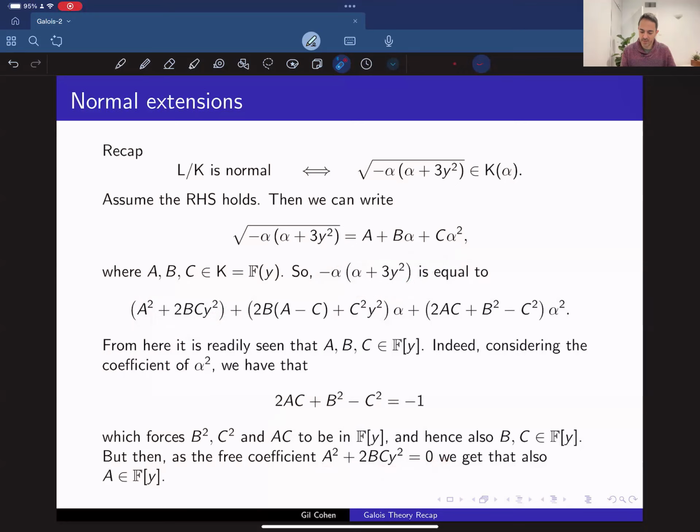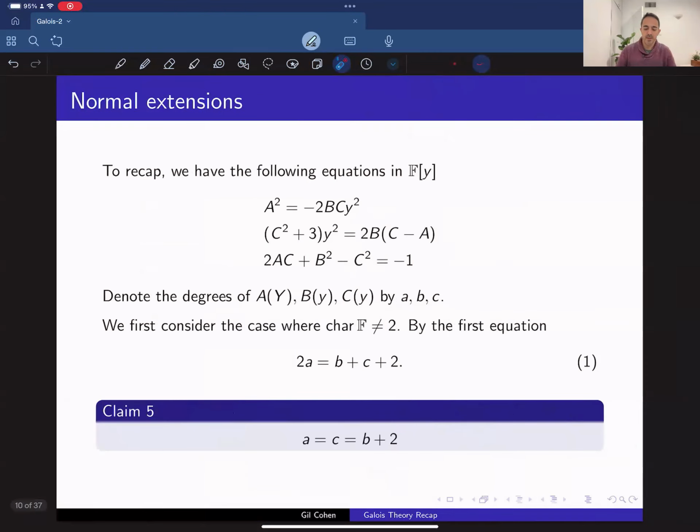But you know that B and C are polynomials, so this means that A squared is not just a rational function, it's really a polynomial. So also A is a polynomial, and overall, A, B, and C are all polynomials, as I said. To recap, we have the following polynomial equations in A, B, and C.